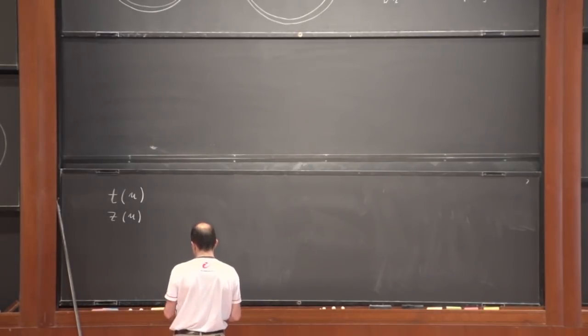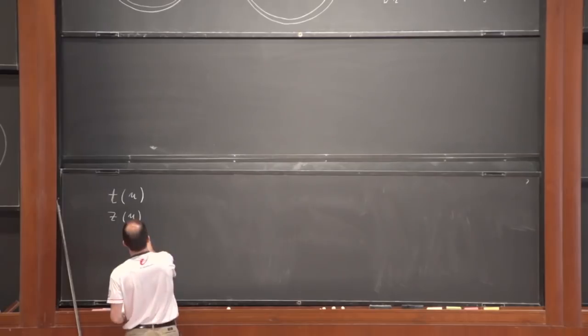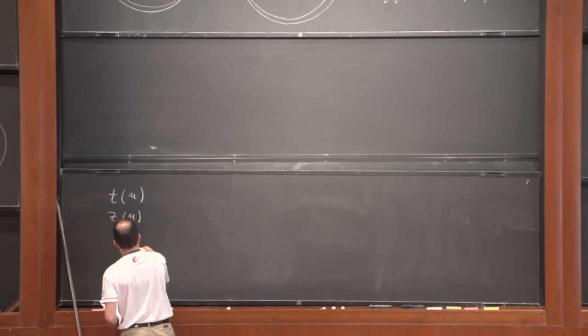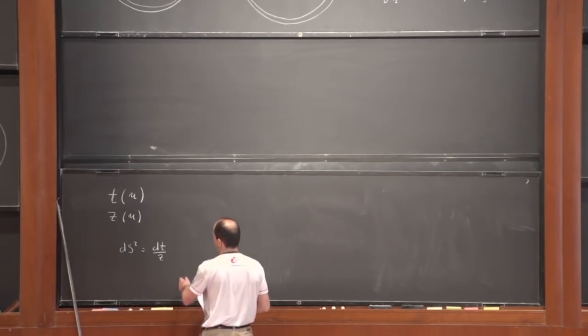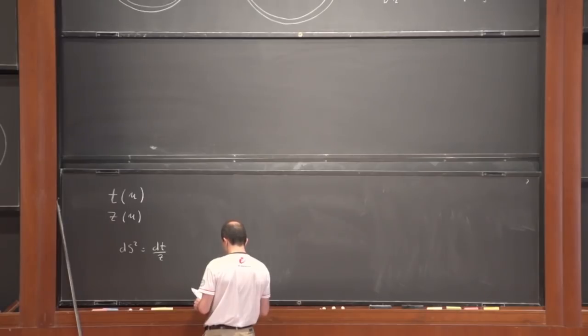But we want to impose the boundary condition that we said over there. And for small c, the boundary condition looks like ds essentially like dt over c. We can neglect the second term because it will be less important for small c.